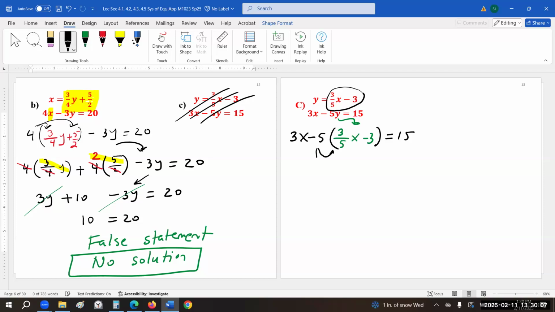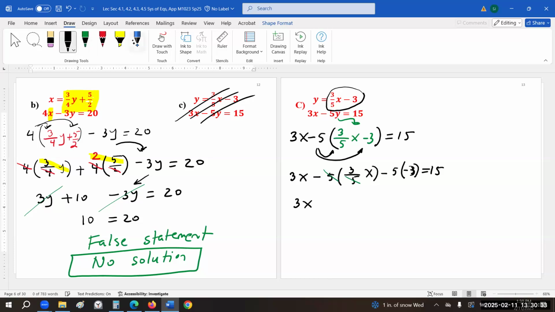We do the same thing, we distribute. So 3x minus 5 times 3/5 x minus 5 times minus 3 equals 15. The 5s cancel out.